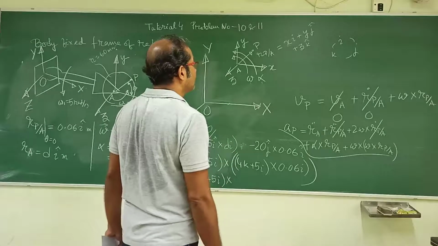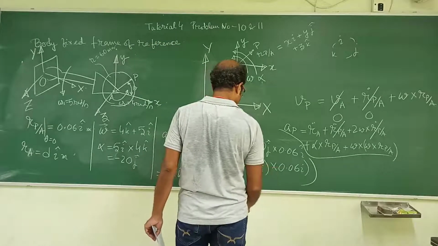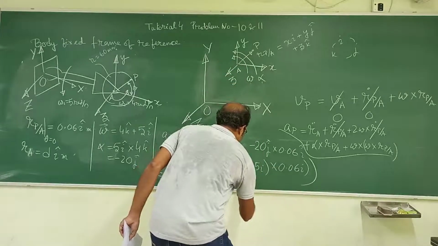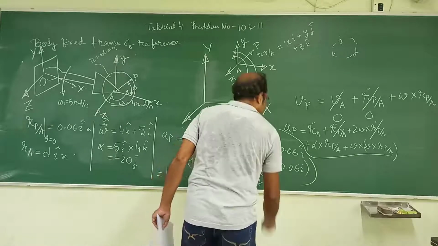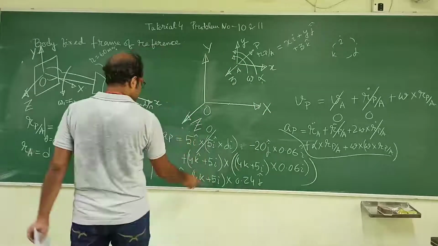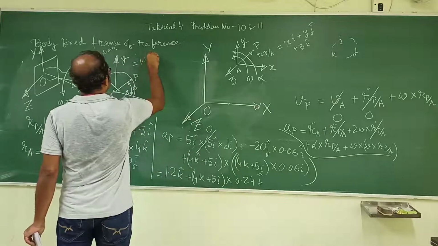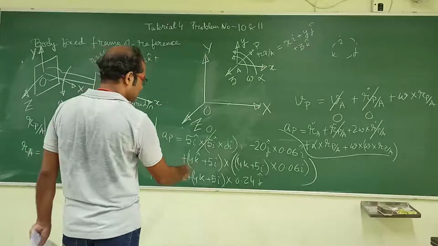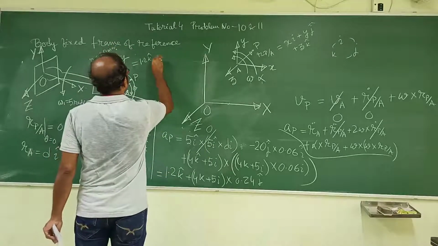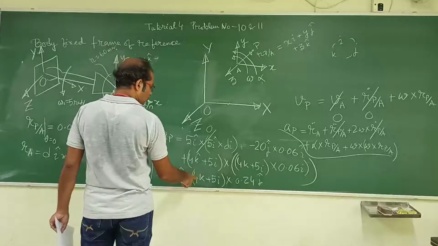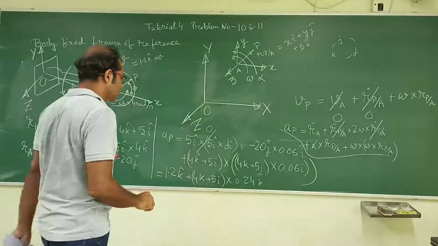Yes, j is going to be 4 into 0.24. j is equal to, okay, let's do it over here. So we got 1.2 k plus, now let's come kj minus 4 into 24. So 96.